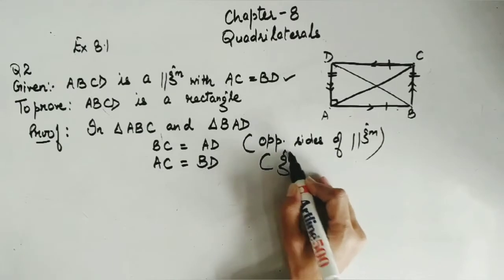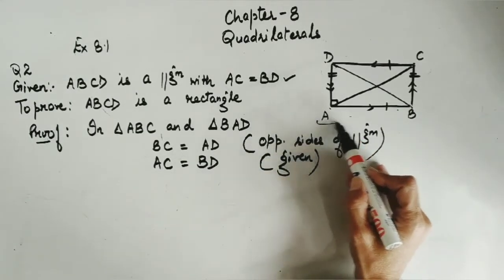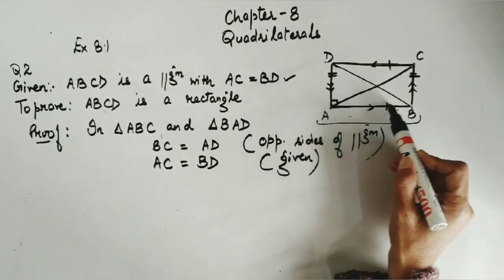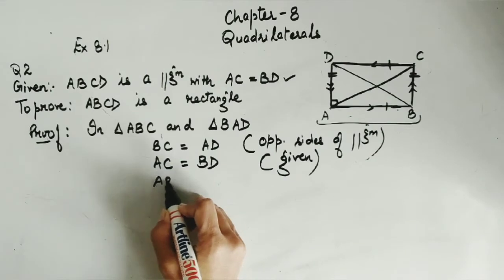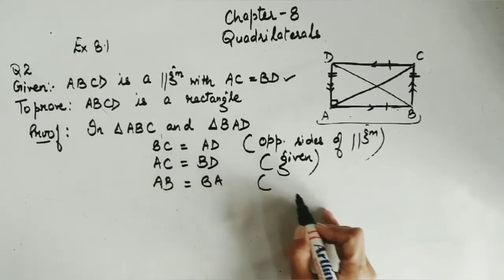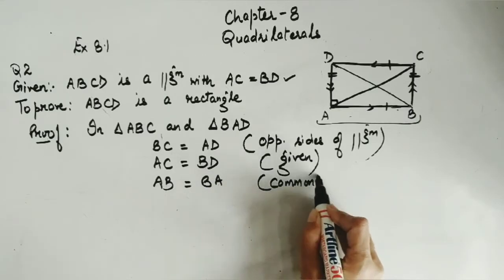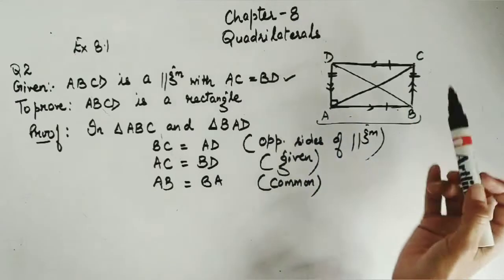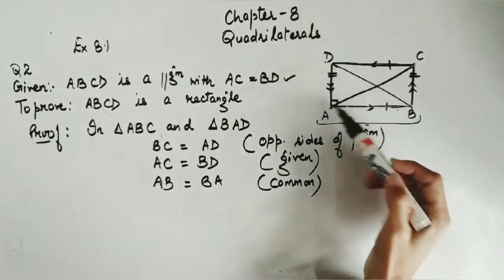This is given. And then look at this common base AB. AB is equal to BA. That's a common side shared by both the triangles. So AB, BA equal, common. Rule is we have used all three sides.